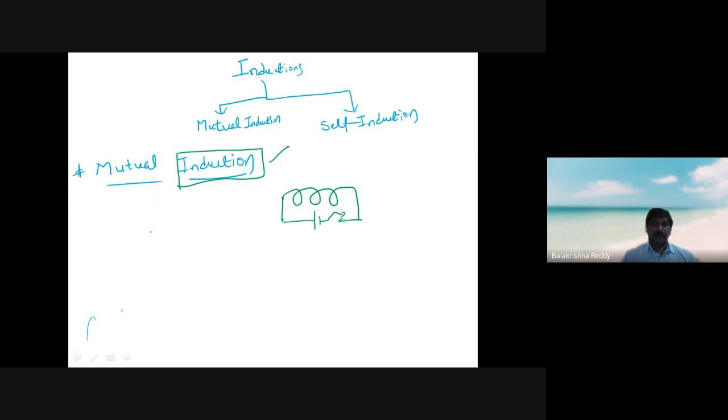Obviously, acting as an electromagnet, it produces flux. If this flux is continuously produced, obviously it affects its vicinity. Vicinity in the sense around it, if any wire or any coil is available, obviously it gets affected by this flux. Let us see.